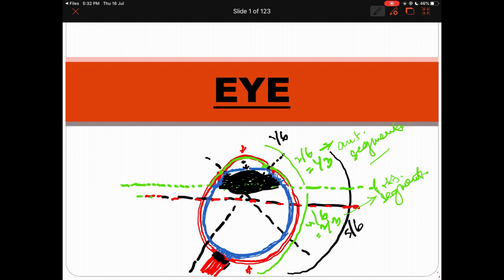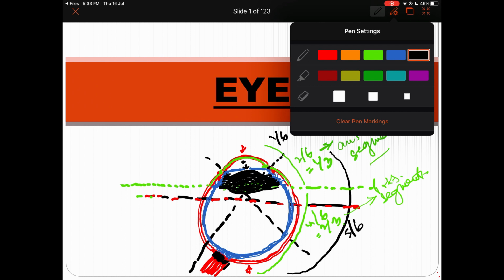But now we are putting here our today's topic, the inner nervous coat. The innermost tunica is called the retina.